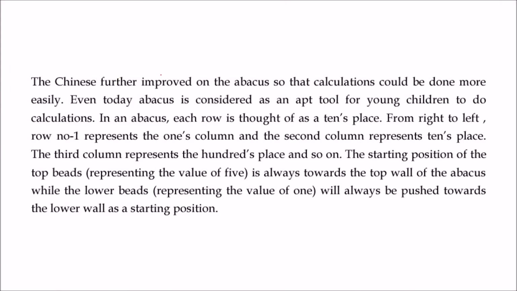The Chinese then further improved this abacus. Even today, young children use it for calculation. Each row is thought of as a place, and from right to left, the first column represents ones, the second column represents the tens place, the third the hundreds place, and so on.